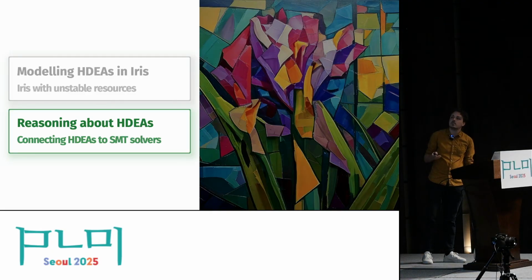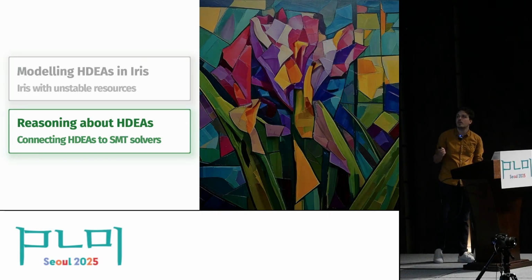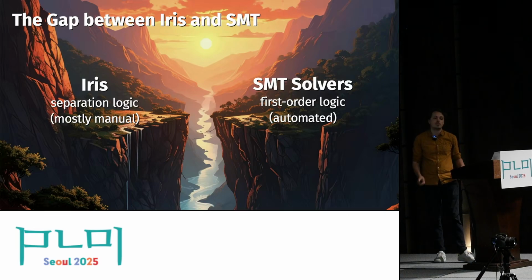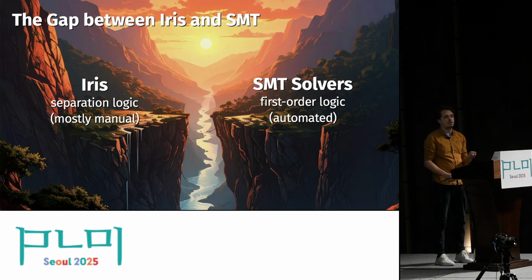Now next, let me say a few words about how we connect these heap-dependent expression assertions to SMT solvers and how we reason about them. Typically, there's quite a wide gap between the Iris world and the SMT world. In Iris, we reason about separation logic, and we do so mostly manually using the Rocq proof assistant.